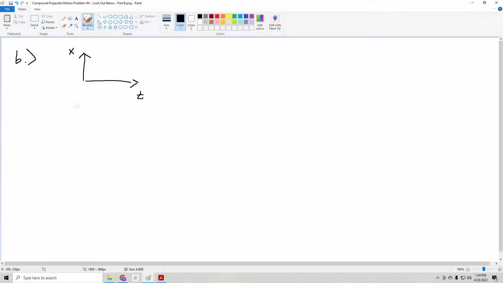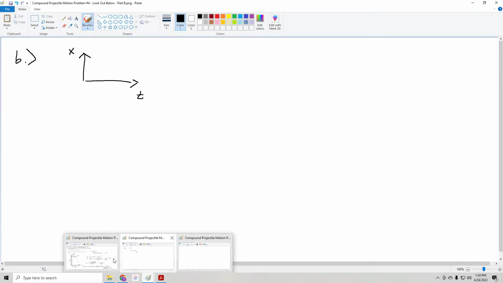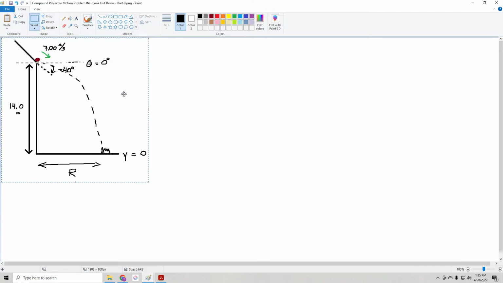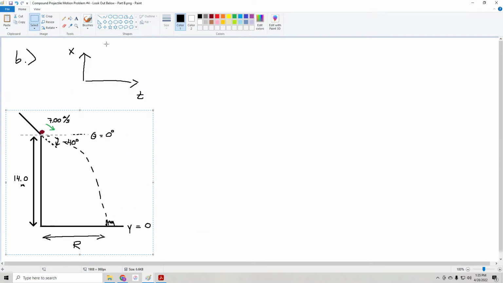In this problem, in part A, we know that if I go back to our picture here, in fact, I'll even copy this to the next piece so I don't have to go back and forth. We know that at t is equal to 0, the range of this snowball, as it was getting ready to fall off the edge of the roof, it was at x equals 0.